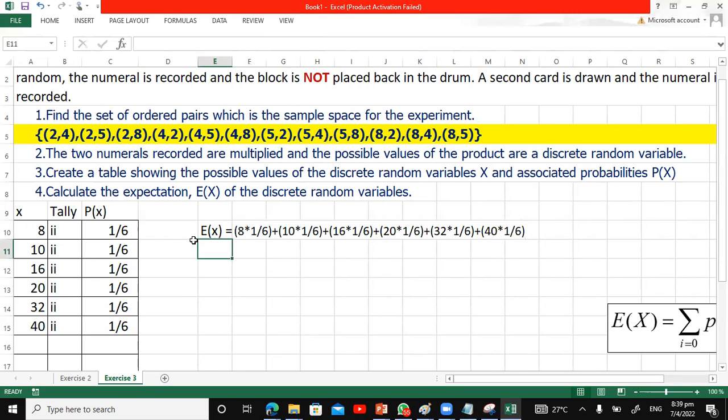Okay, so that's going to give us the expected value.